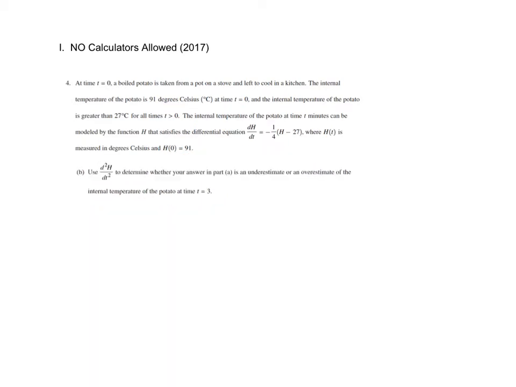So for part B, it asks us to find d squared h over dt squared, which means the second derivative, to determine whether your answer in part A is an underestimation or an overestimation of the internal temperature of the potato at time t equal to 3. So we're going to take this dh over dt and take the derivative to find the second derivative.